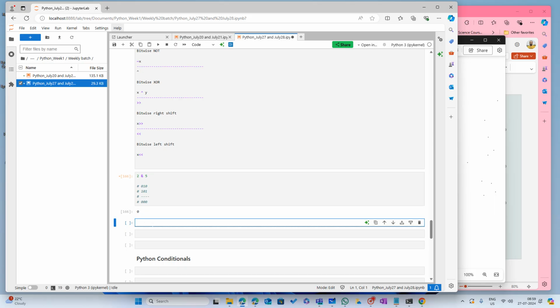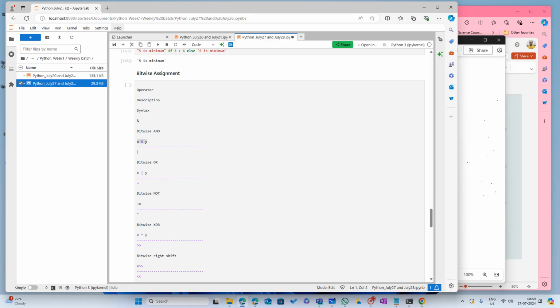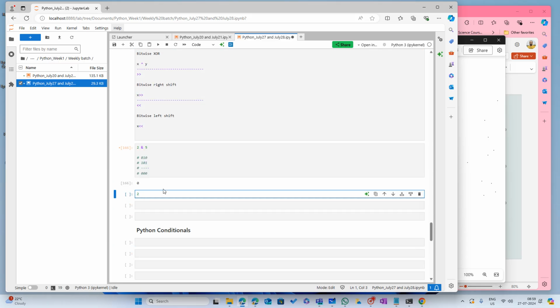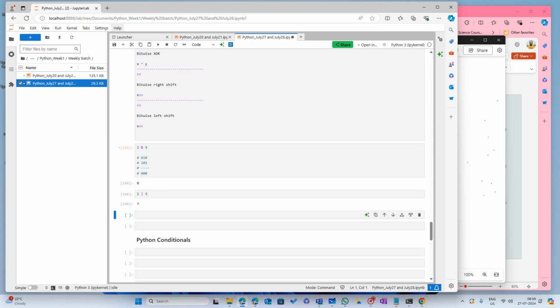Next thing, likewise you have or. The pipe symbol is used for bitwise or. 2 or 5, if you notice, you will get 7.